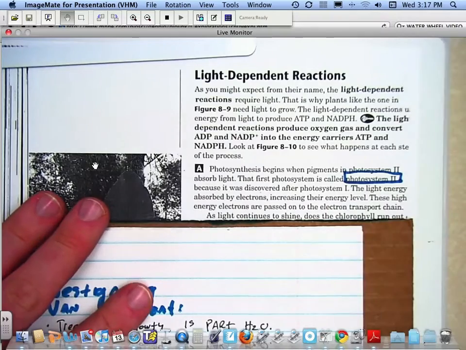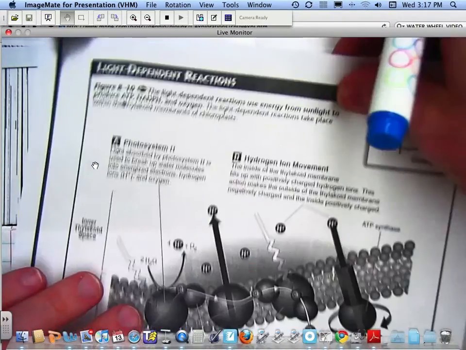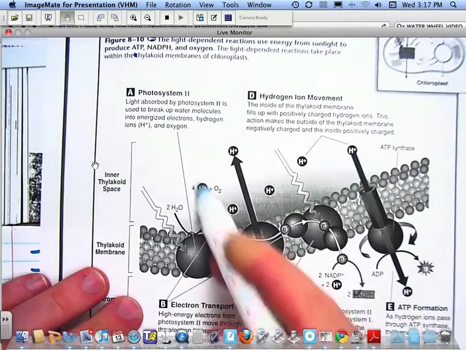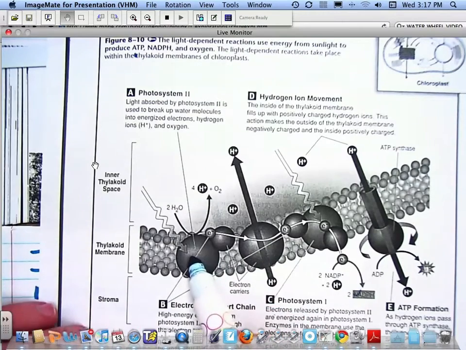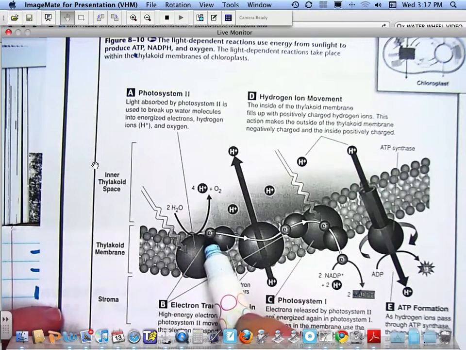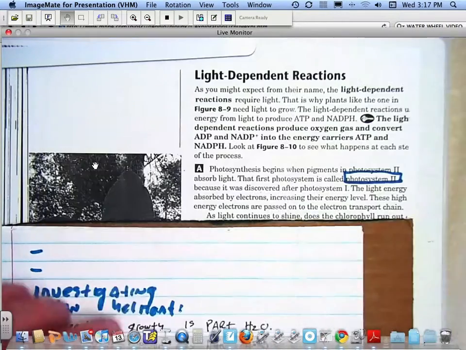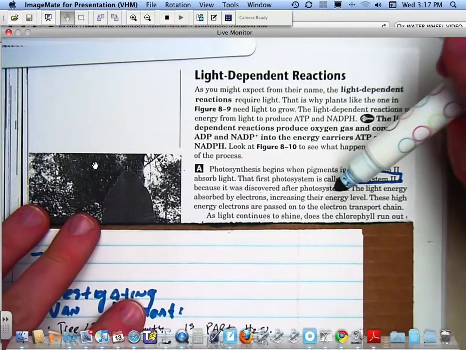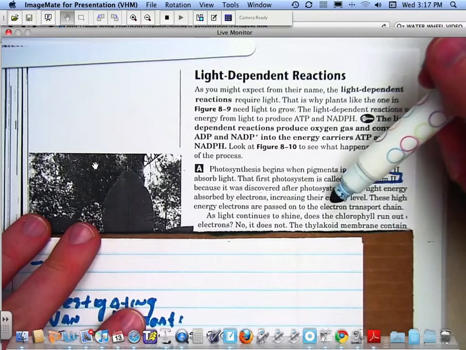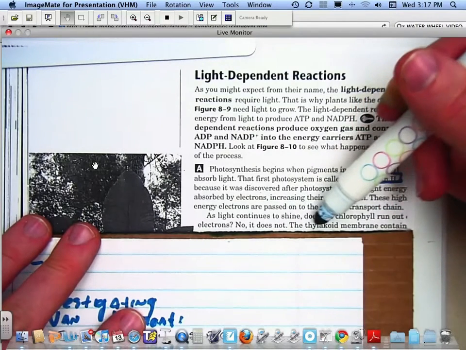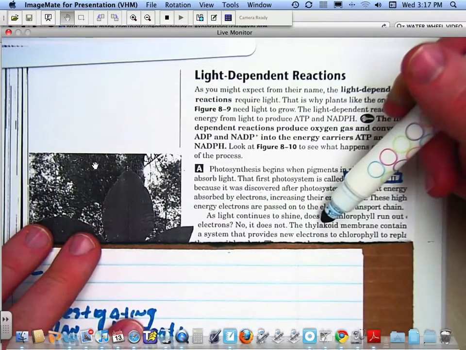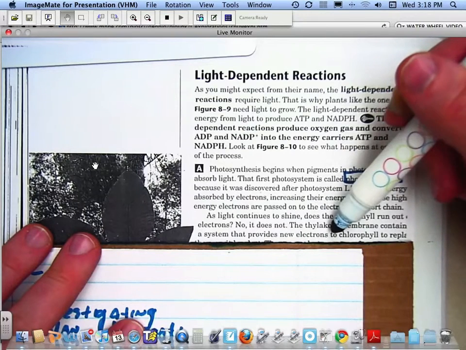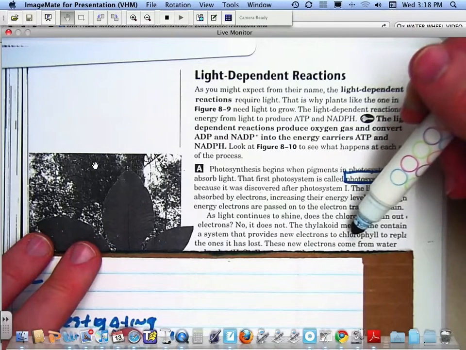Okay, before we move on, check it out. Here's the picture. It's saying light comes in, photosystem 2 energizes the electrons and moves them up in energy right here. As light continues to shine, does the chlorophyll run out of electrons? No, it doesn't. The thylakoid membrane contains a system that provides new electrons to chlorophyll to replace the ones it lost.